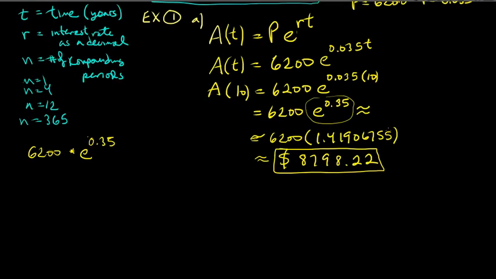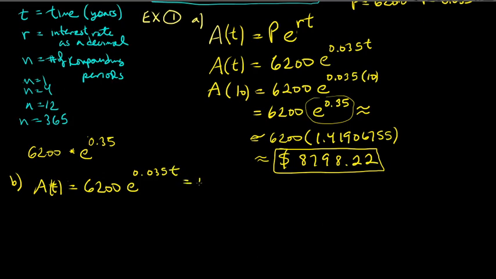Okay, so now for part B, we have to do this problem here. We don't know what t is; we're looking for t. But we know P is still 6,200, e is still e, and the rate is still 0.035, so 0.035 times t.